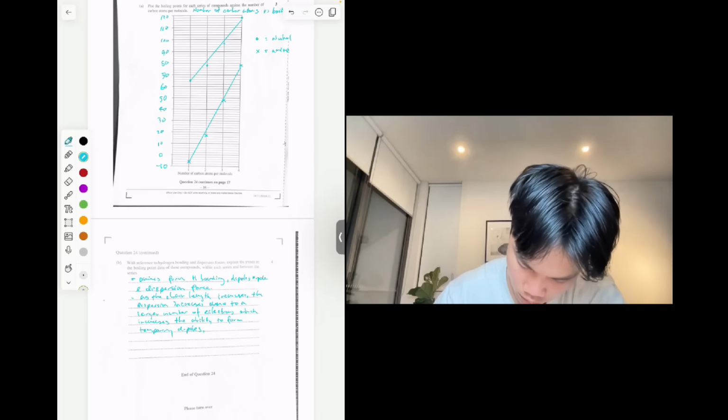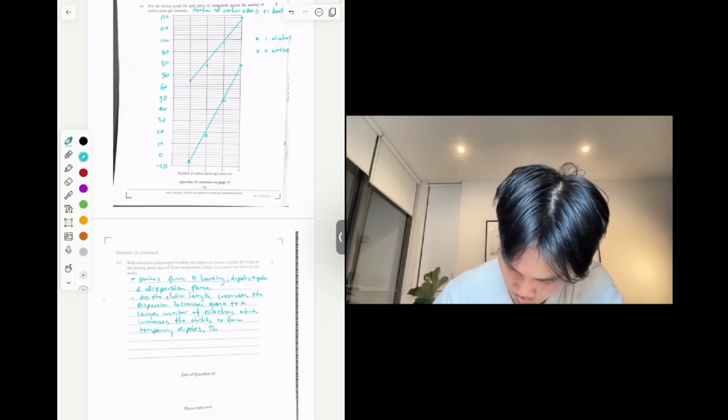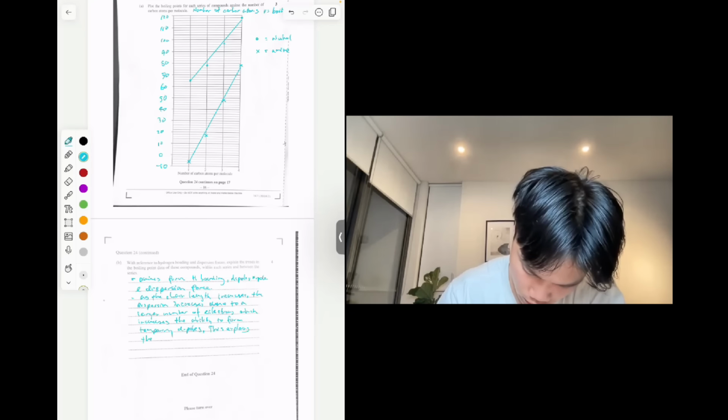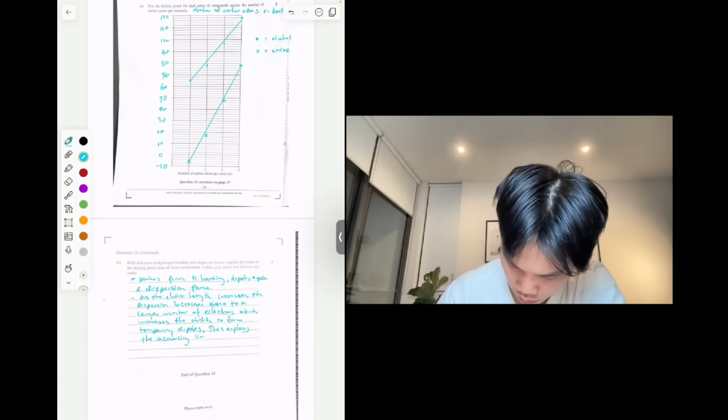And linking back to the graph, this explains the increasing linear trend on the graph.